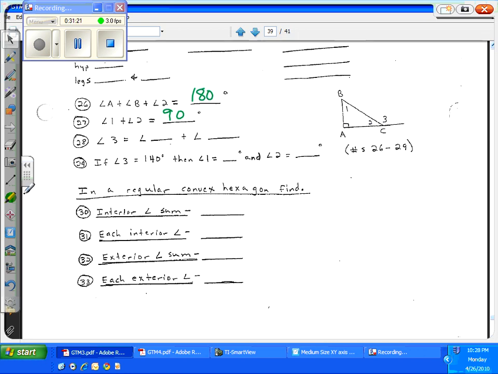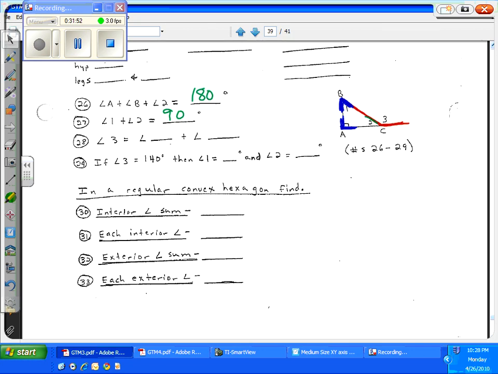Angle 3 is equal to the sum of what two other angles? Well, angle 3 is an exterior angle of that triangle. We learned, as another branch off of the sum of the angles of a triangle being 180, that an exterior angle is equal to the sum of its two remote interior angles. The two interior angles remote from angle 3 are those two.